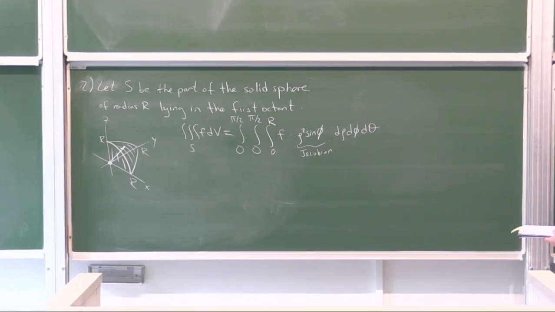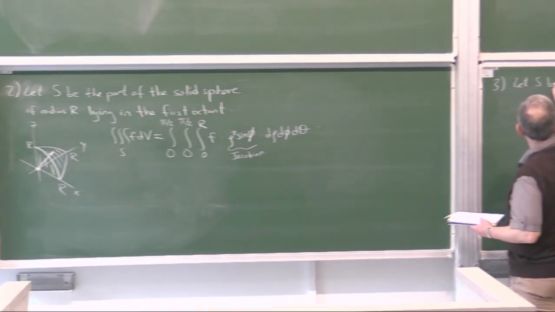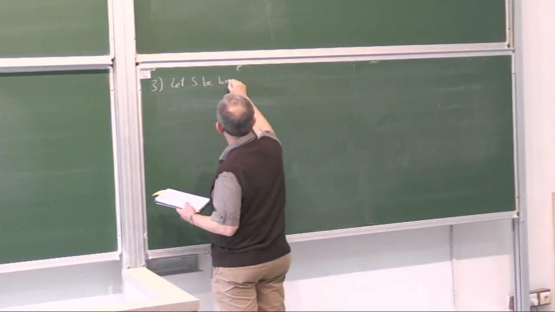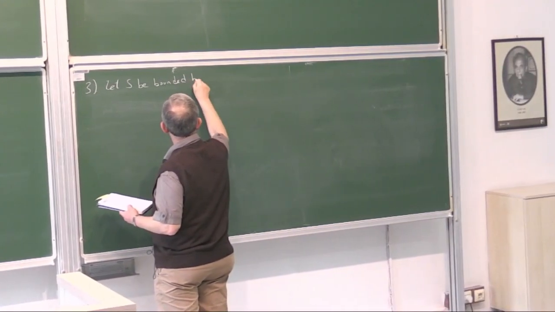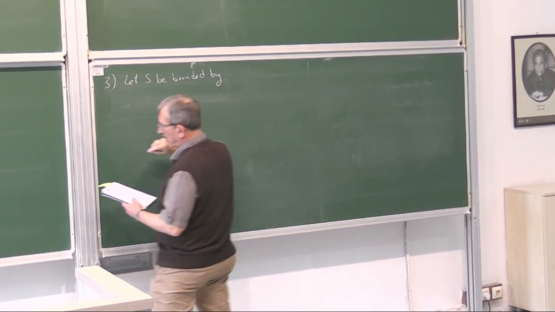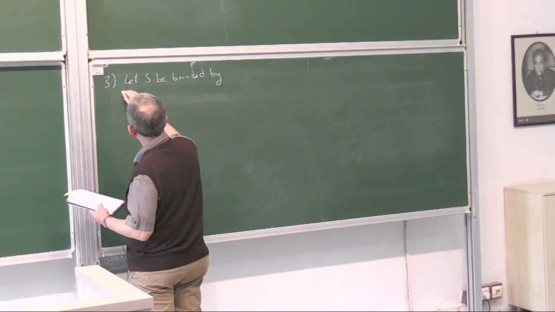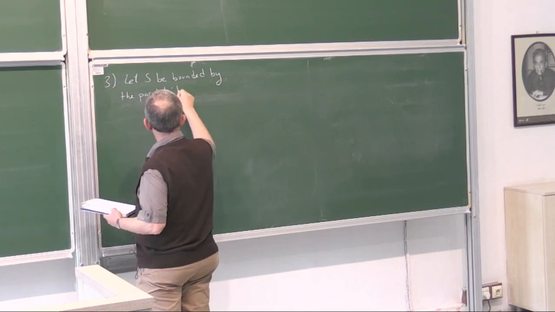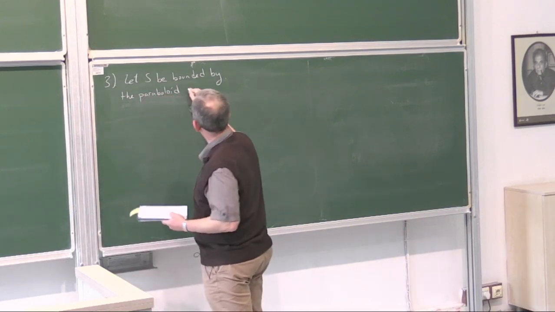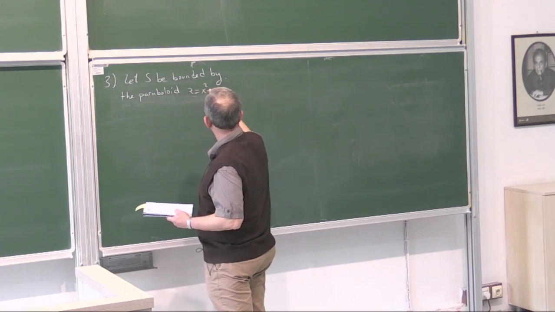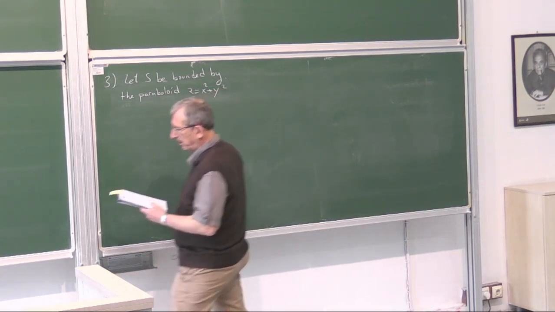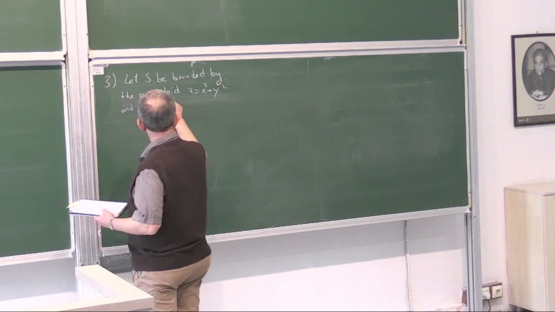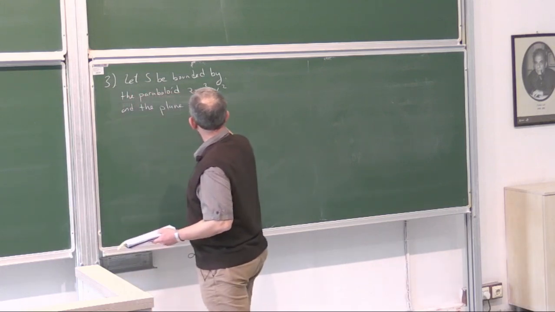Let S be bounded by the paraboloid z is x squared plus y squared, and the plane z is 1.